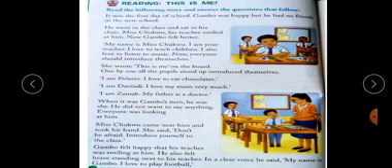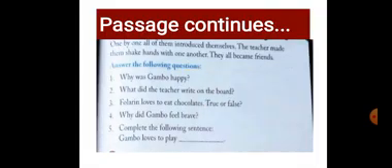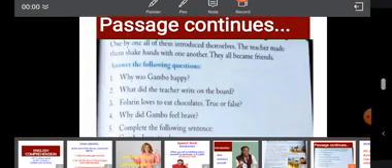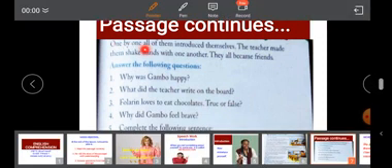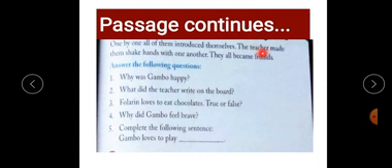That's not the end of the story. Let's move on. There's still another page. Passage continues. One by one, all of them introduced themselves. The teacher made them shake hands with one another. They all became friends. The end.